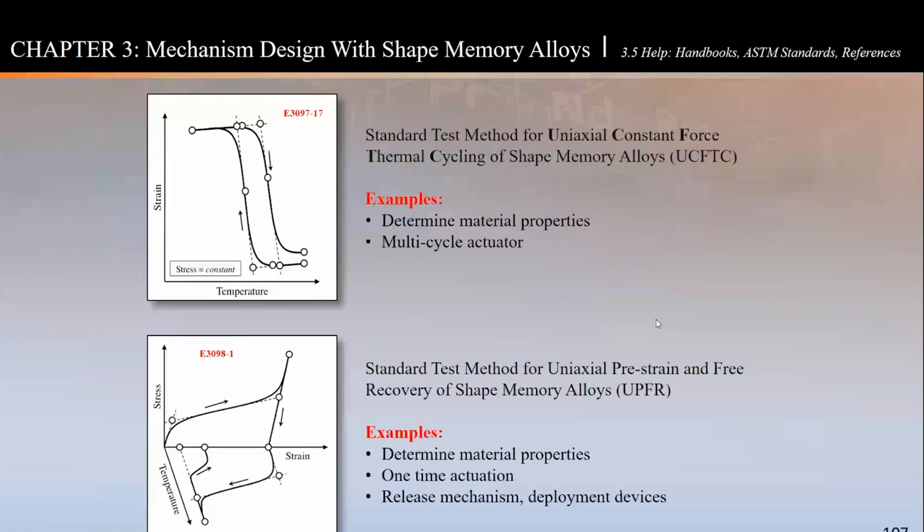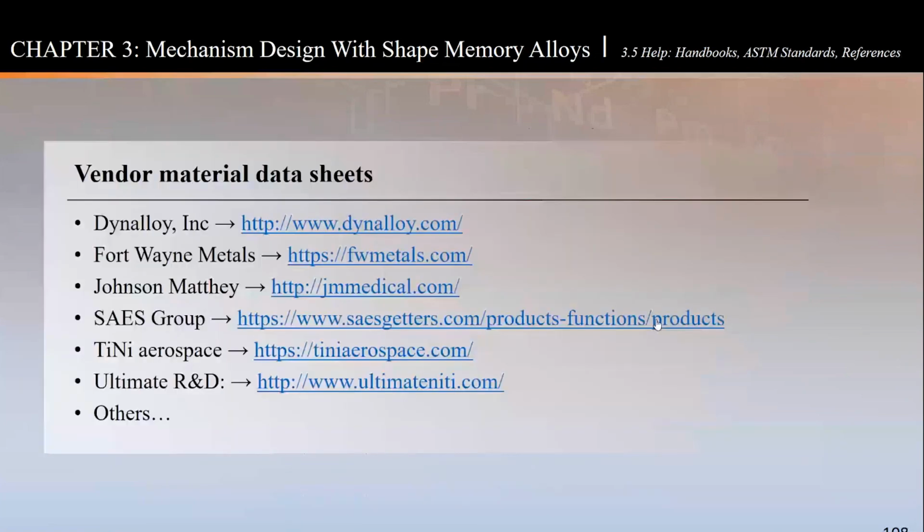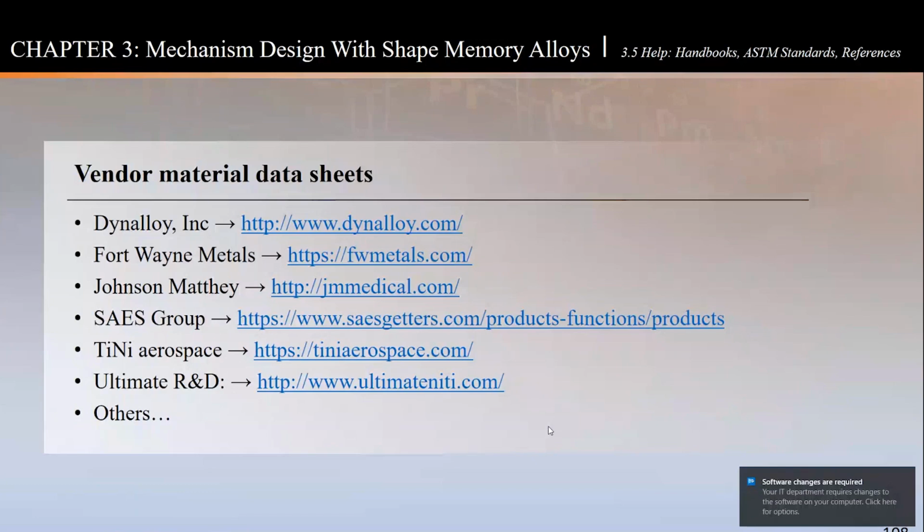I also listed a number of different vendors where you can go right now and buy some shape memory material or buy a shape memory device already packaged and built as a motor. This could be handy if you want to experiment with something in your lab or try something in your devices. And of course, if you don't find them commercially, give me a call.